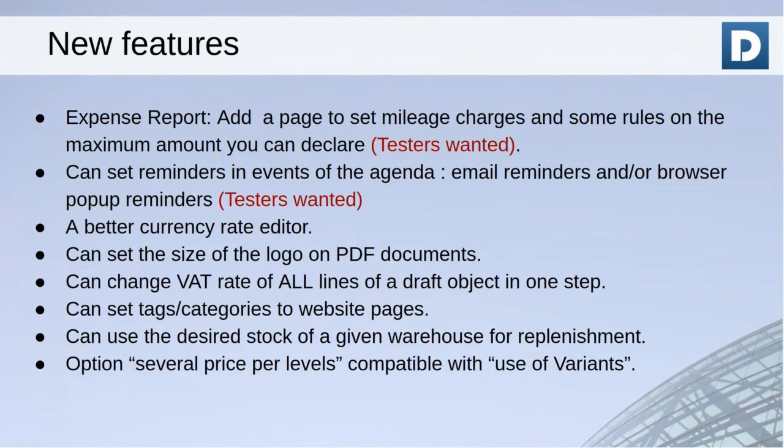Now it is. You can use both the feature of different price per levels of customers and be compatible with the variant module, so the feature to use variants of a product.